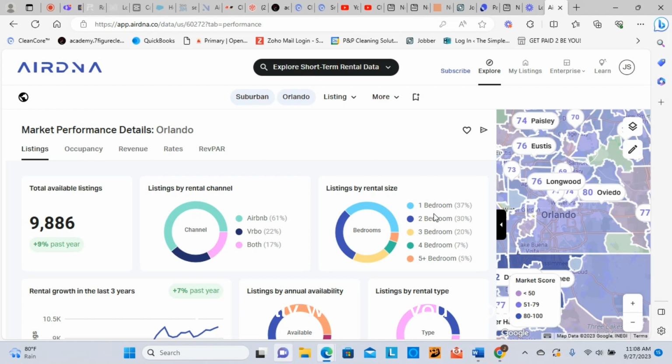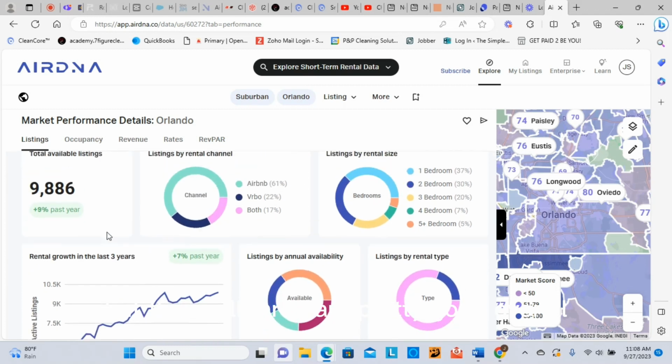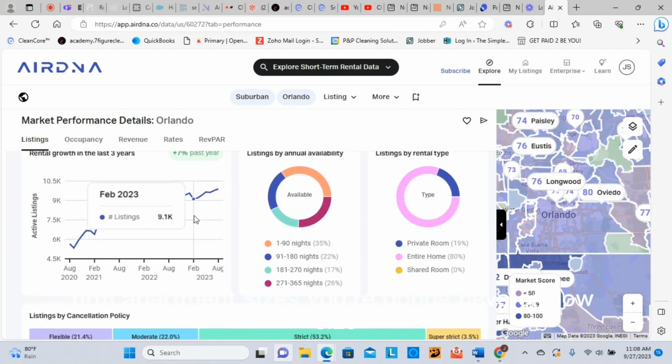So you'd be like, well, you're gonna get busier on the two and the one than the three, but all three of them are pretty good overall. So it gives you an overall idea of what kind of apartment or house sizes you're gonna have. And then the listing by rental type, meaning what they mostly rent there. If it's condos or homes, it's mostly homes. 80% of the rentals are homes.